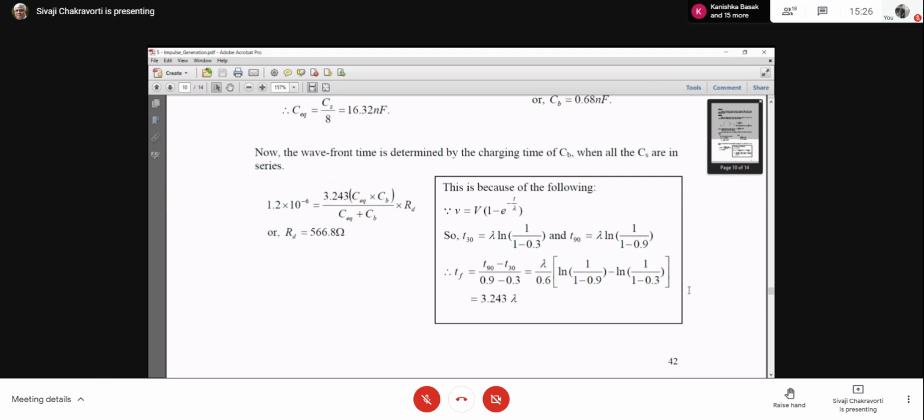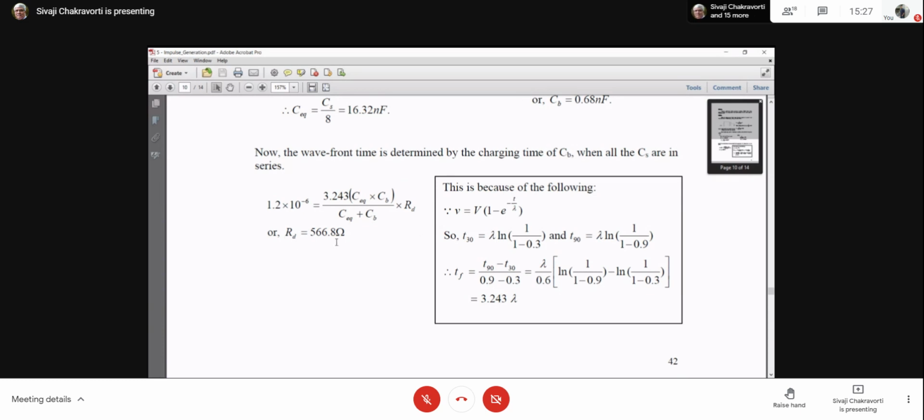So front time is T90 minus T30 divided by 0.9 minus 0.3, which I explained last class, that similar triangle concept. So now put it here. You get that front time is 3.243 into lambda. What is lambda? Lambda is RC, where C is the series combination of the equivalent capacitance and the load capacitance.